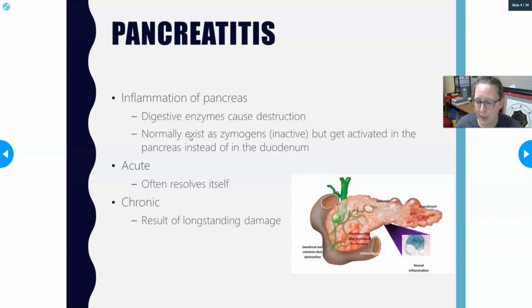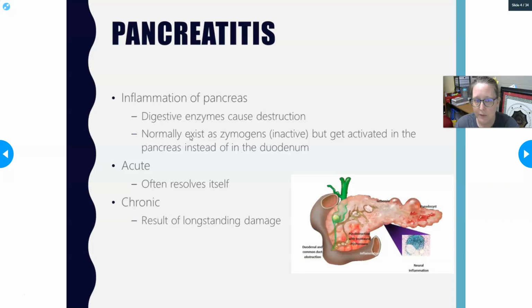But when you have pancreatitis, these enzymes are getting activated inside the pancreas, and the problem is it does what these enzymes are made to do. These digestive enzymes are made to break down protein, fat, and carbs. And what are your cells made of? Well, lots of fat and some protein and some carbs. So they're really good at destroying cells also.